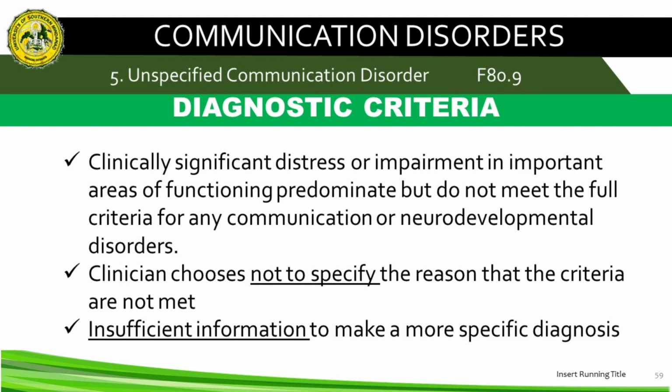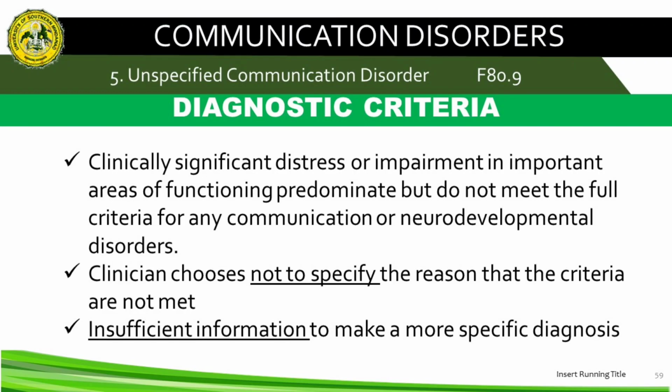of communication disorder that cause clinically significant distress or impairment in social, occupational, or other important areas of functioning predominate but do not meet the full criteria for communication disorder, or for any of the disorders in the neurodevelopmental disorder diagnostic class.